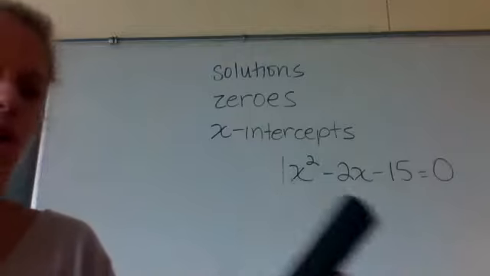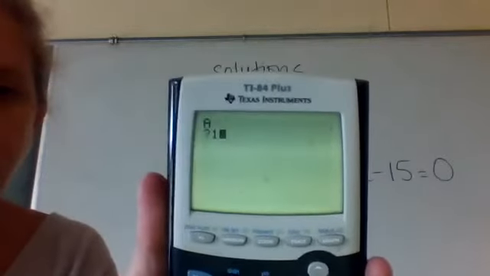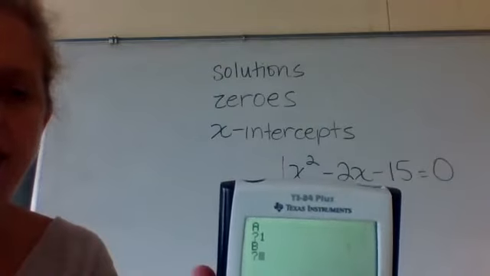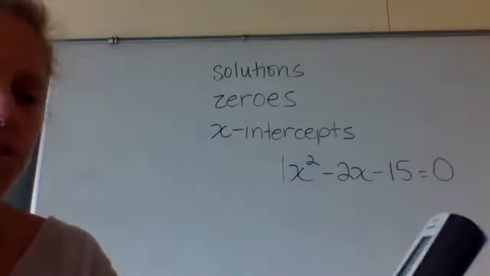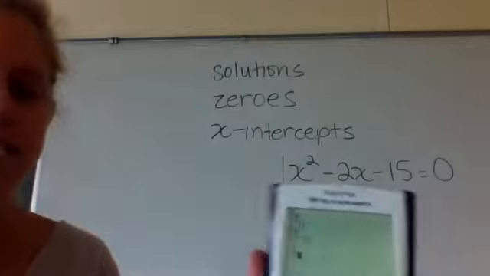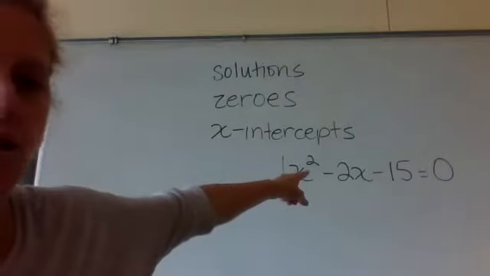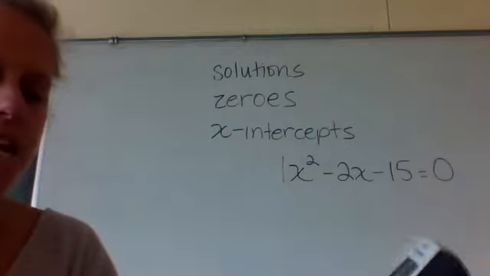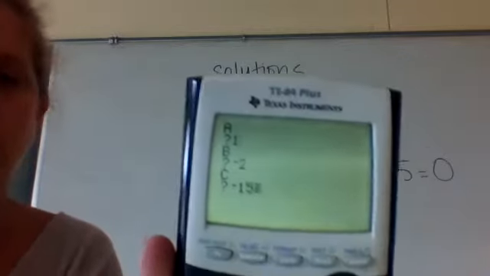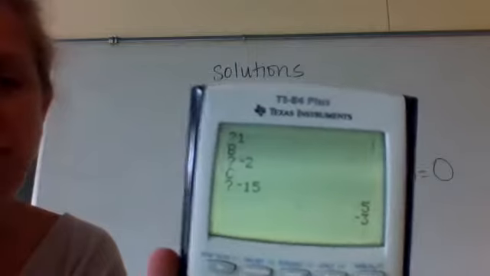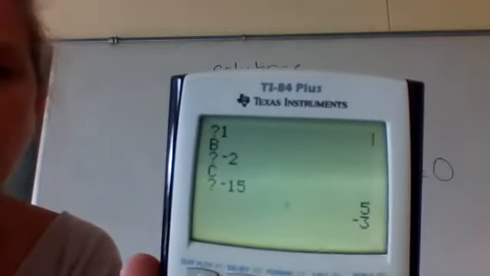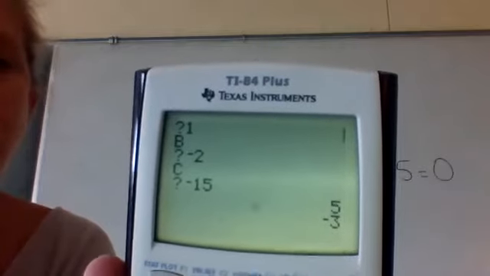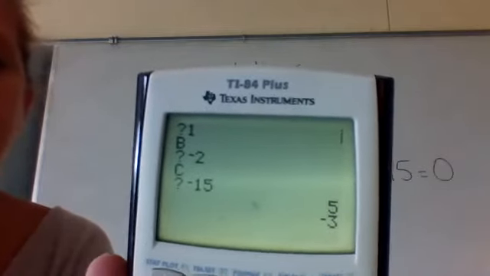So my A is 1. The B is the number in front of x, which in this case is negative 2. And the C is the constant, which in this case is negative 15. So there's your A, B, and C. Hit enter. Those are the solutions to this quadratic equation: 5 and negative 3.